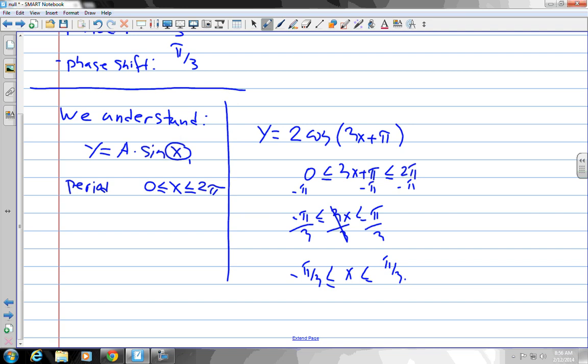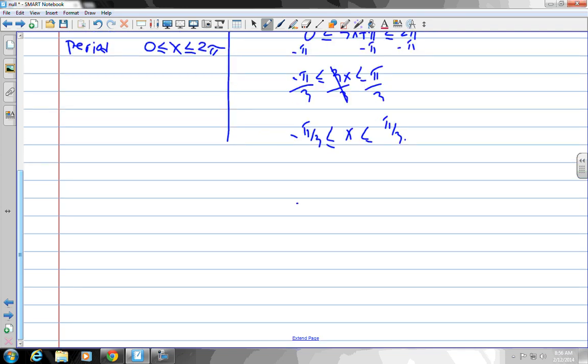So I can actually sketch that. Start at negative pi over 3. It will go through the origin, because that's the middle, right? And then just stretch it because of the 2. But basically what this gives me, that gives me those important points of the first period. So it's negative pi over 3, positive pi over 3, right? And it's a cosine curve.